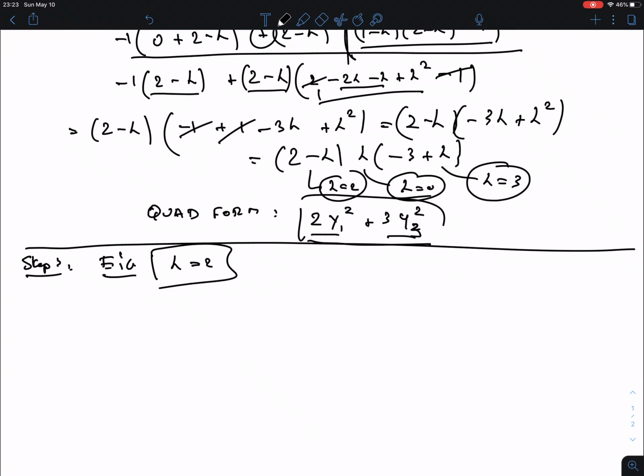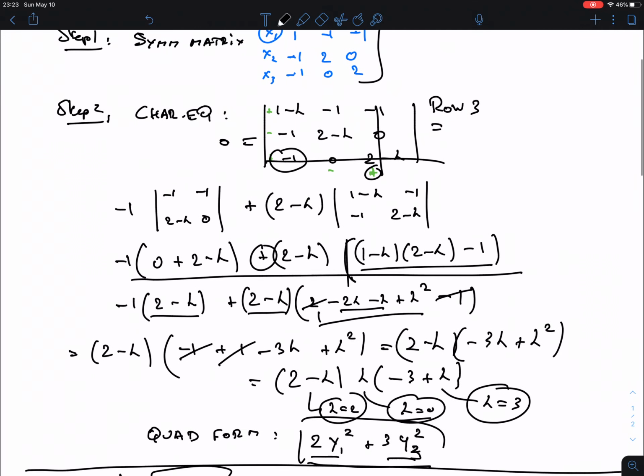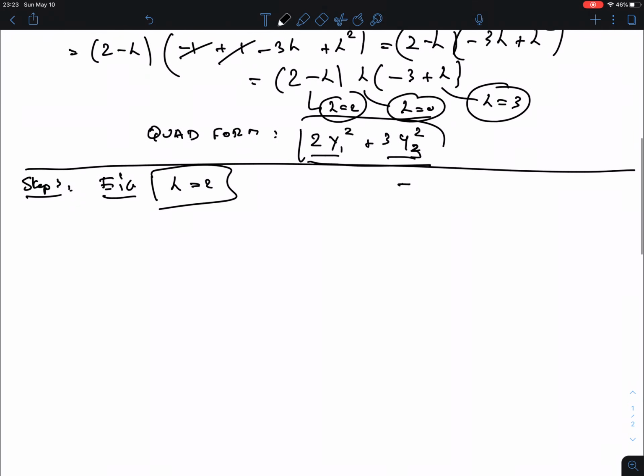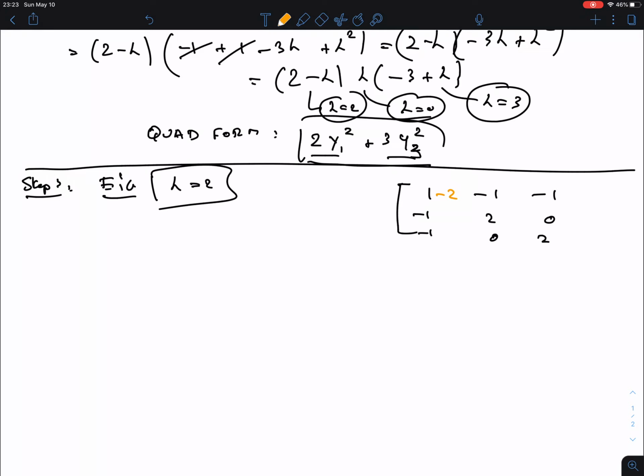Okay, lambda is 2. So my matrix, I'm going to keep writing it here. My matrix was 1, minus 1, minus 1, minus 1, 2, 0, minus 1, 0, 2. I'm now subtracting 2 from the diagonal.